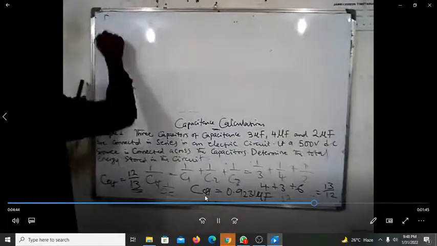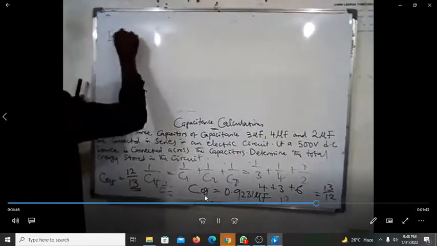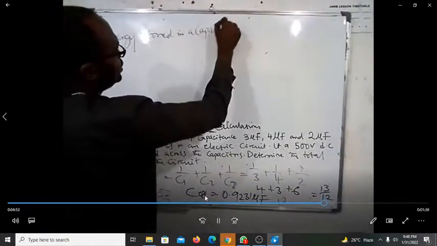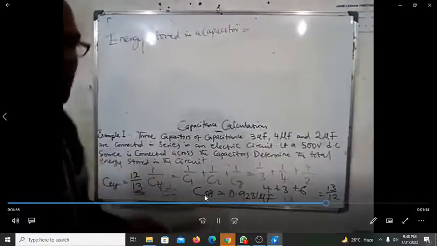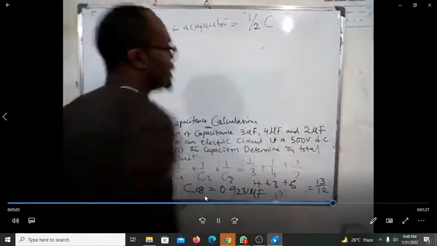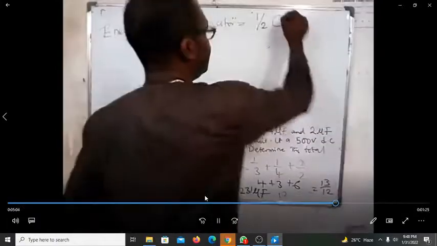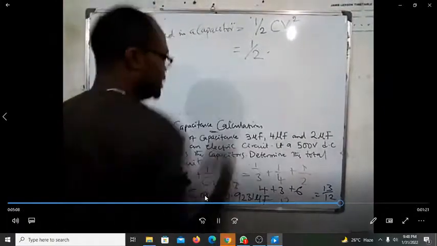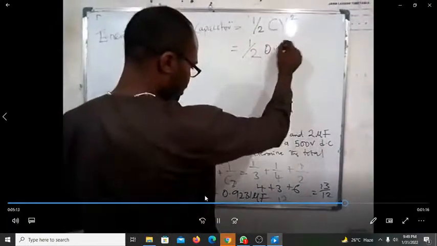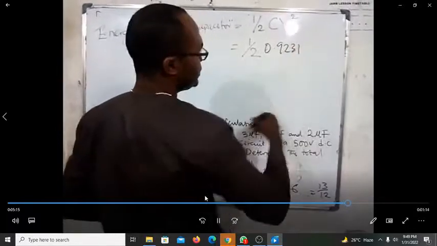And what is the formula for the energy stored? Check the equation I gave you before. Energy stored in a capacitor. What is the formula for calculating the energy stored in a capacitor? It is equal to half CV squared. So it's simply equal to half C, where C is the value of the effective capacitance, 0.9231 microfarad.